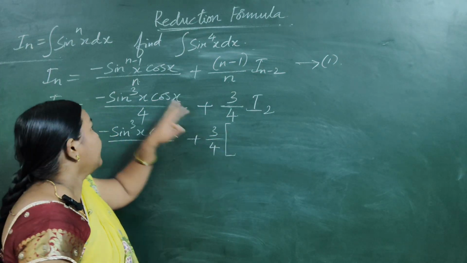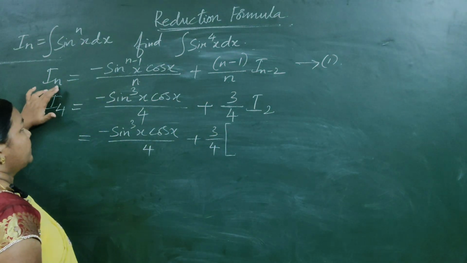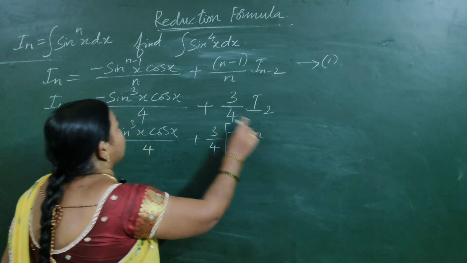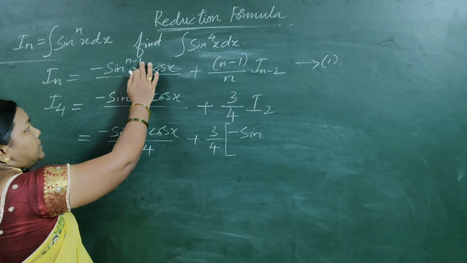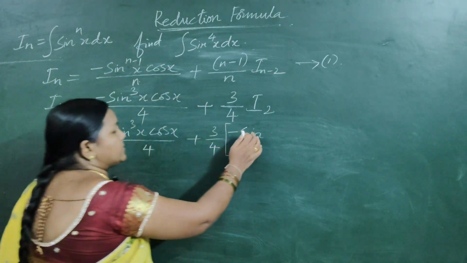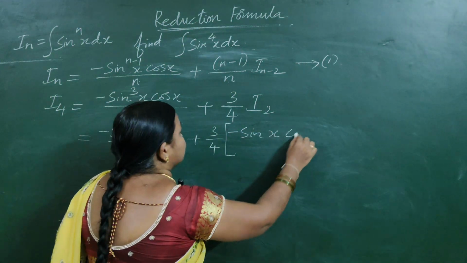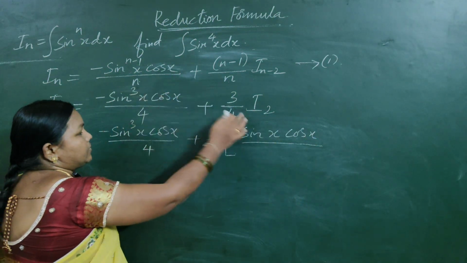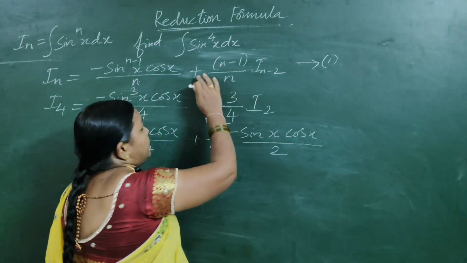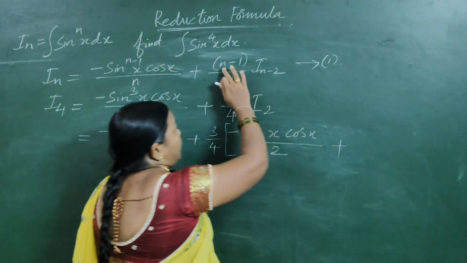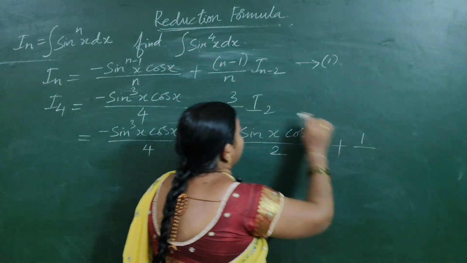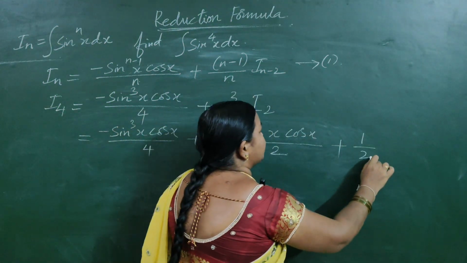Here I2. I2 means we are substituting n as 2. That is minus sine to the power of n, which is 2. 2 minus 1 is 1, that is sine only. Sine x into cos x divided by n. Here n is 2. Next plus n minus 1, that is 2 minus 1 is 1, divided by n, n is 2.